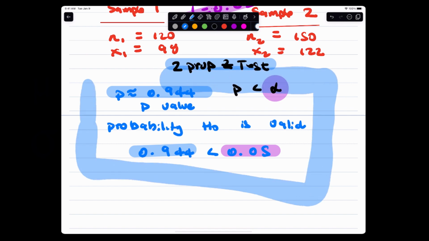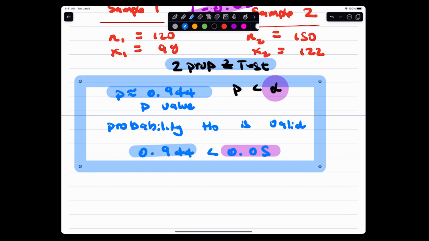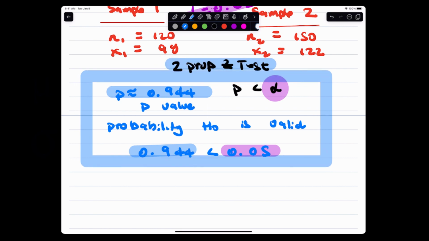Wait, did it say probability H null is valid? Yeah, that's the definition of the p-value. That's what you're looking for. But is the p-value smaller than alpha? Is 94.4% smaller than 5%?